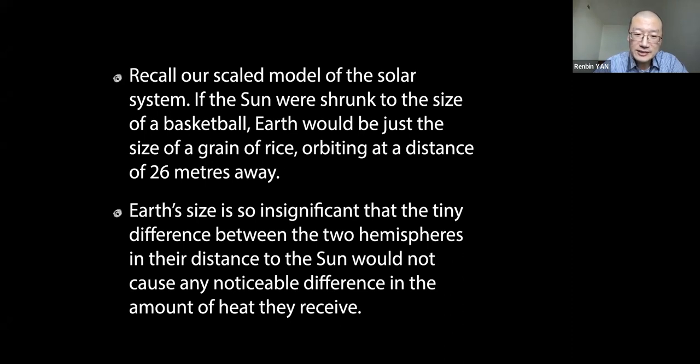Especially because the Earth is so tiny, the difference between the northern and southern hemisphere is so small compared to the actual orbital distance to the sun, and they're not going to cause any noticeable difference in the amount of heat we receive.